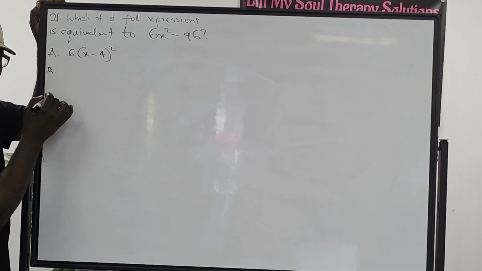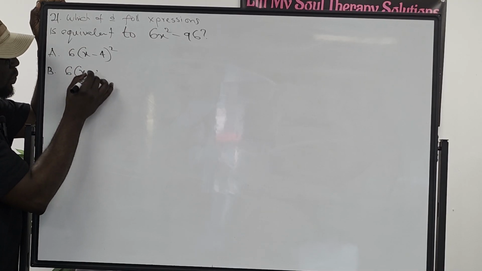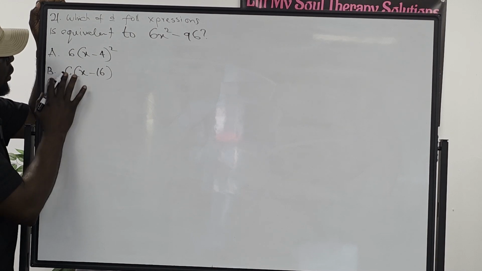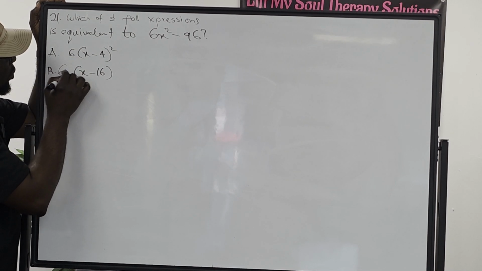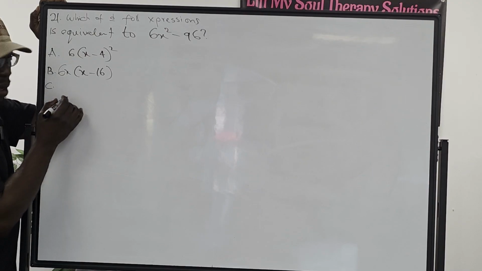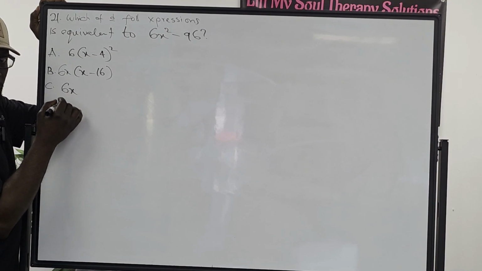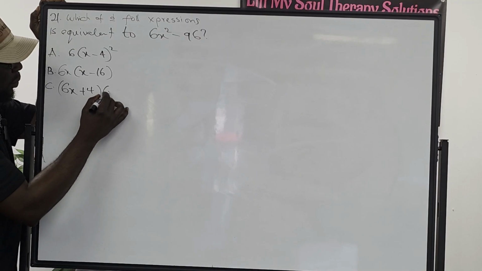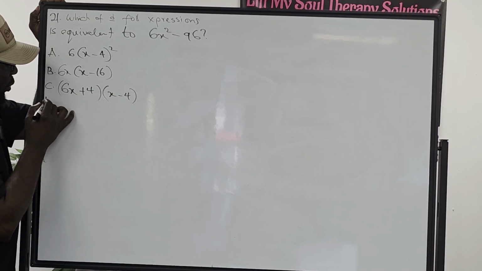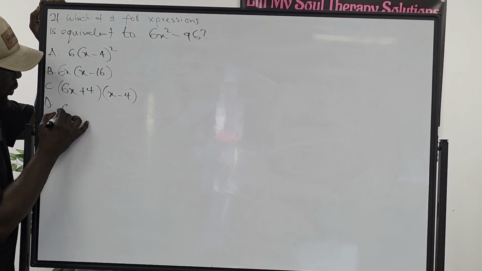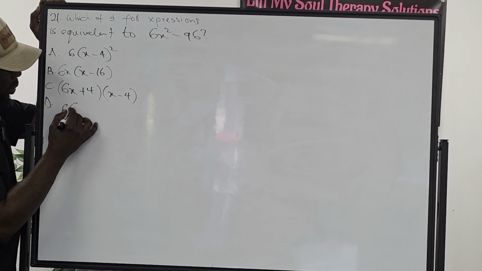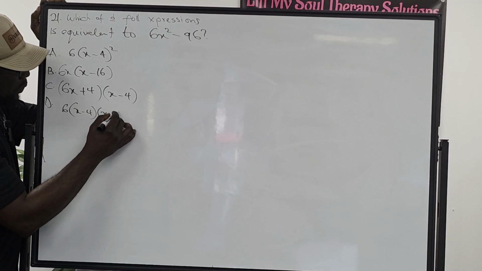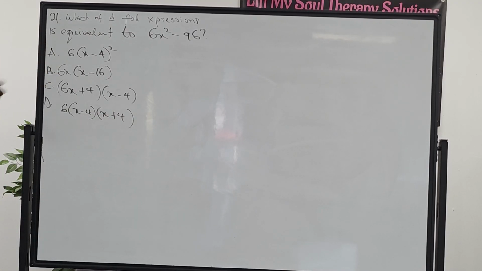Option B, 6x minus 16 and 6x. Option C, you have 6 bracket x plus 4, and you have x minus 4. And option D, 6 bracket x minus 4, x plus 4. So that is the question.